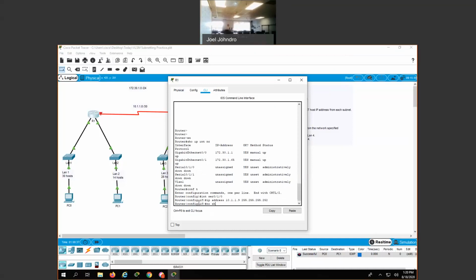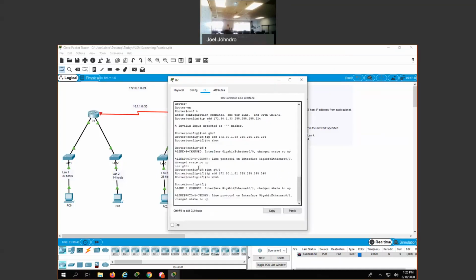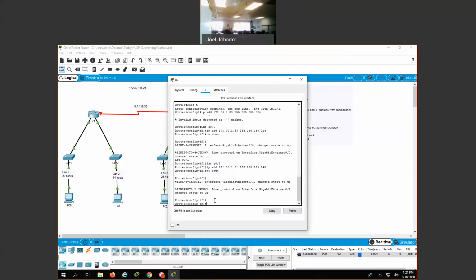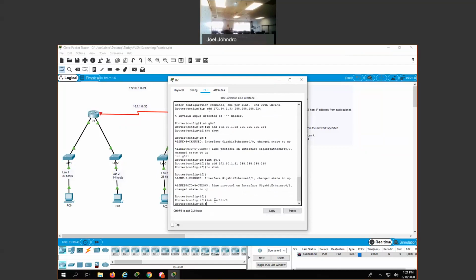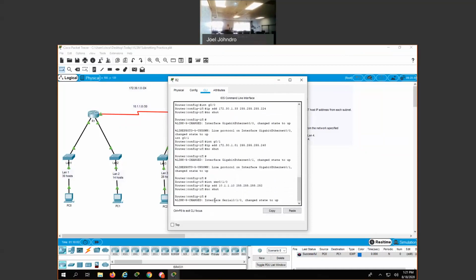Shut down, because the other end is shut down as well. And this will be .10 as the IP address. Same subnet. And it turned green.